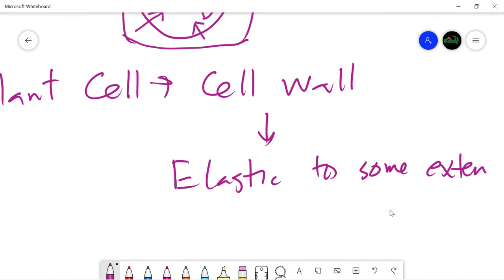That is, the volume of the cell increases when water enters. That is, the cell stretches, and obviously when there is a stretching of the cell wall, it means that there is an increase in the volume.